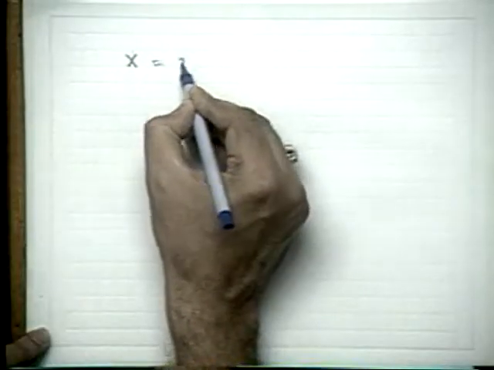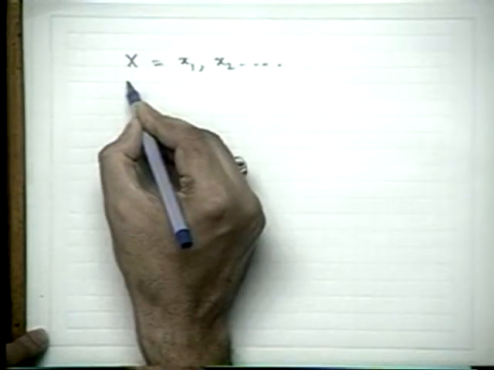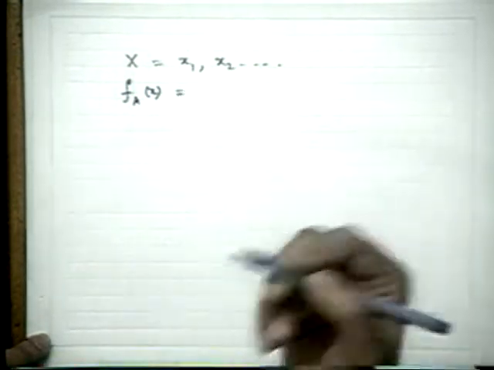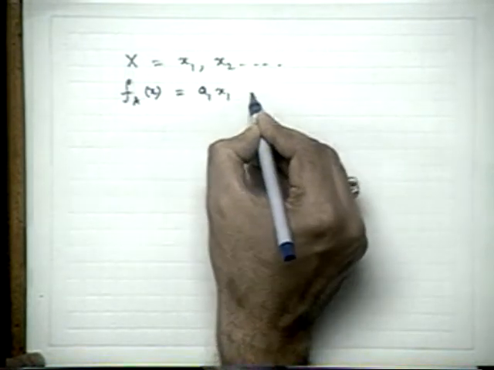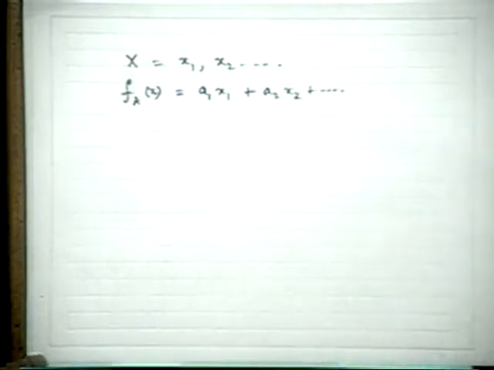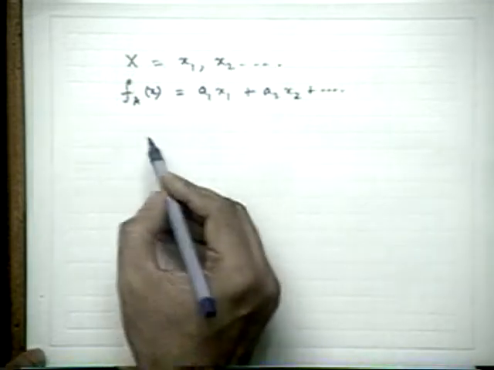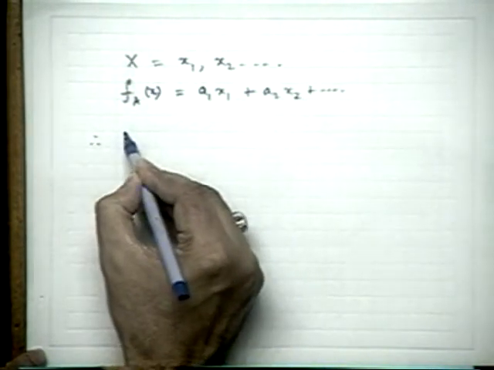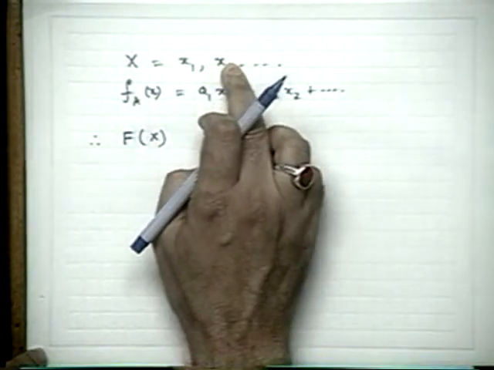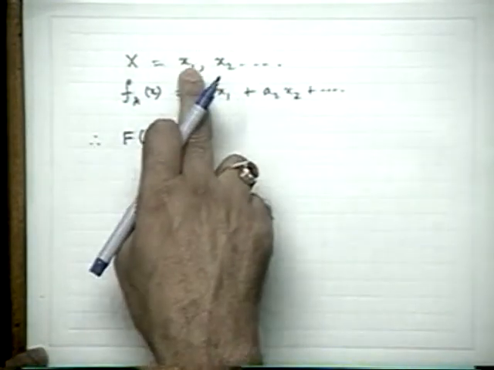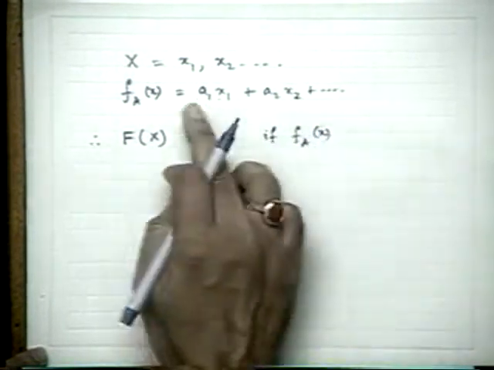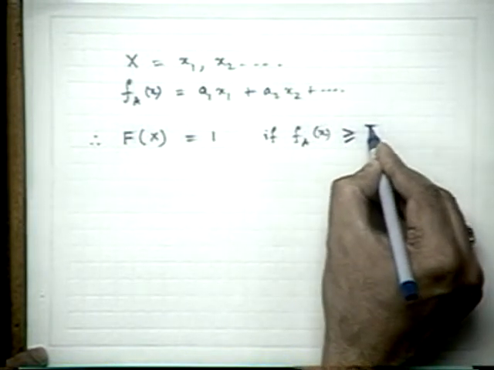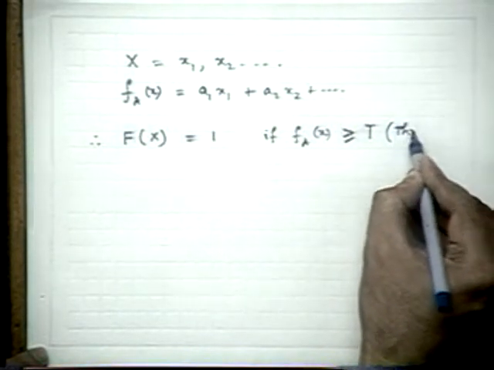I think you know the definition of threshold logic. Suppose X is a set of binary variables, and f(x) is an algebraic function of x1, x2, etc. It is something like a1 x1 plus a2 x2, etc. Then the Boolean function of the set x is 1 if f(x), which is the weighted sum of these variables, is greater than or equal to a certain threshold, called the threshold value, which you can set yourself.